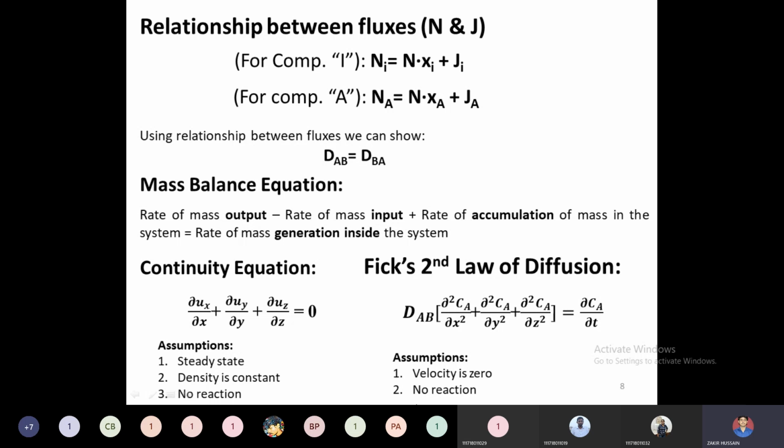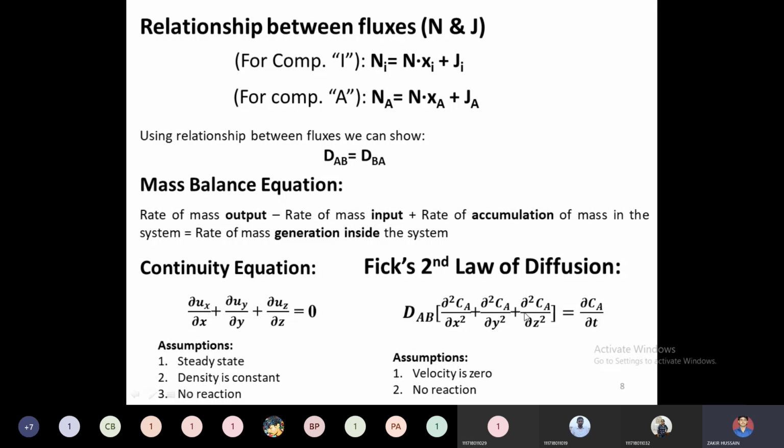Next are the assumptions in Fick's second law of diffusion. Fick's second law of diffusion is applicable for the unsteady state condition. Unsteady state condition means the process is dependent on time. Fick's first law of diffusion is defined for the steady state condition.